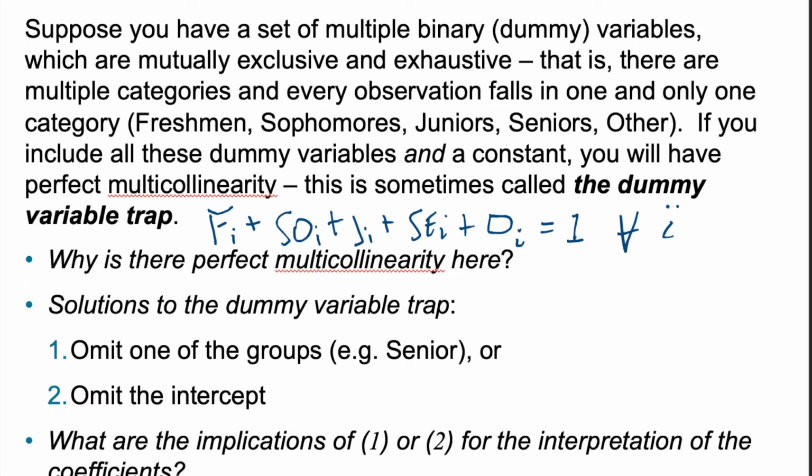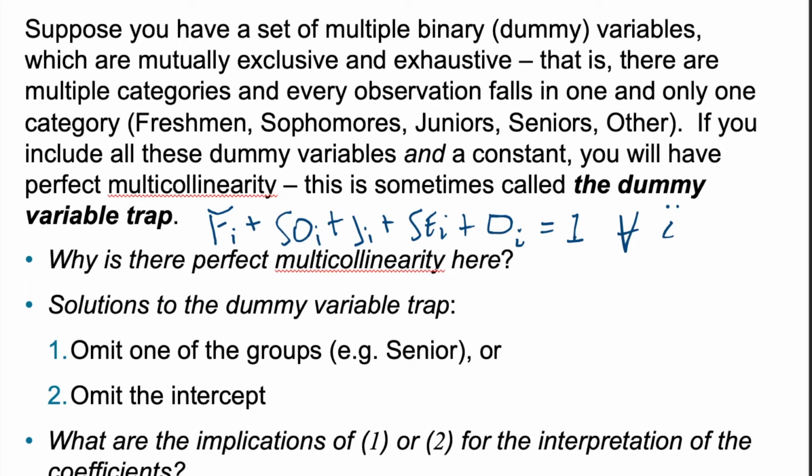And so you would have perfect multicollinearity with the constant regressor, with the intercept, because this set of dummy variables is always going to be equal to 1. There is no variation across the observations, across i. The sum of these variables will be equal to 1 for all i.